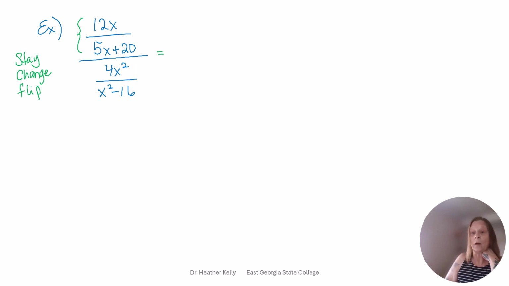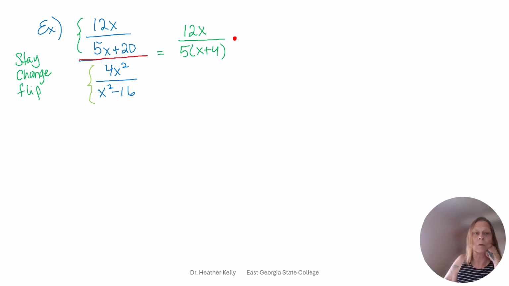the numerator of this really big fraction stays the same, so 12x over, and I'm going to go ahead and factor this. We can take a 5 out here, and this leaves us with an x plus 4. The change means that we're going to go from division, and we're going to change it to multiplication. And then the flip indicates that we're going to take this denominator down here, and this guy gets flipped over.